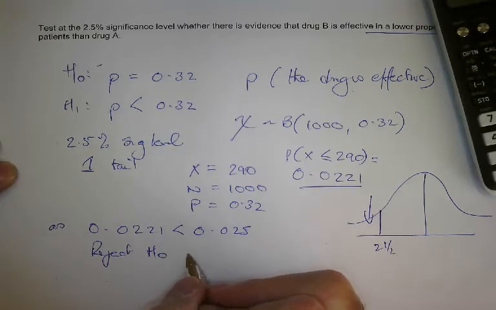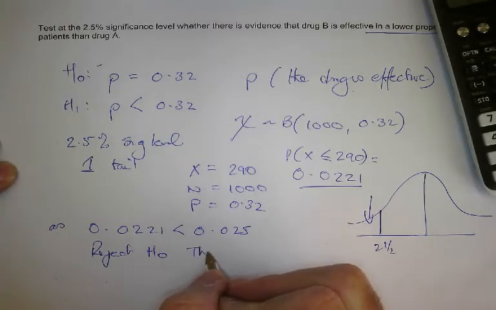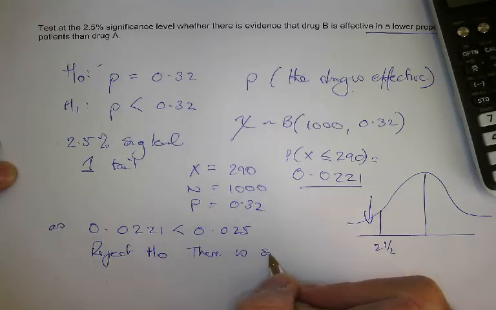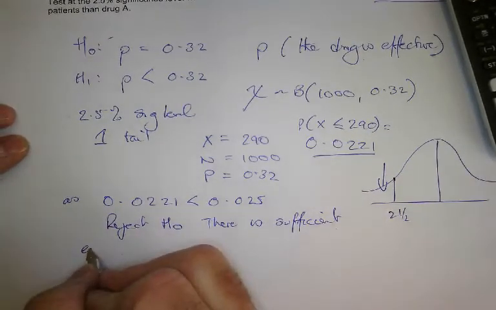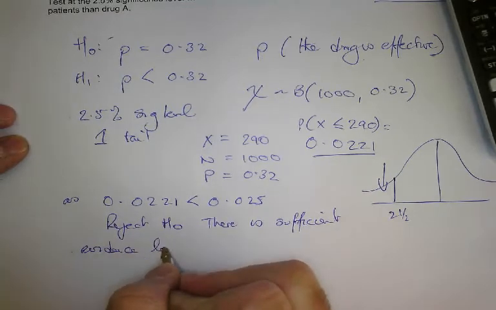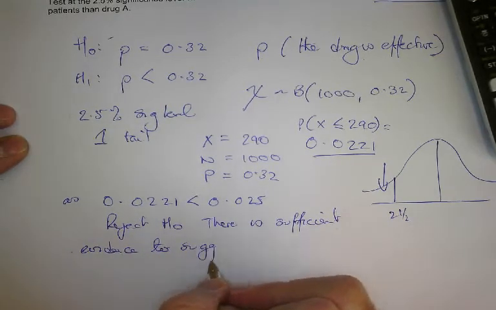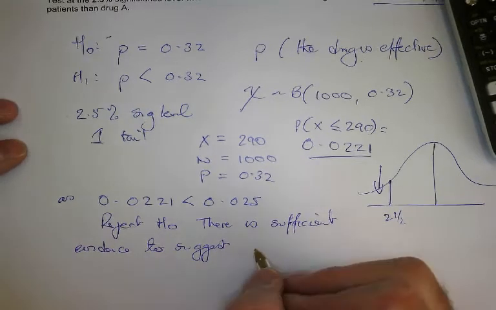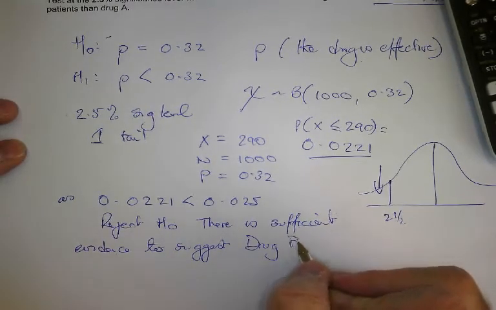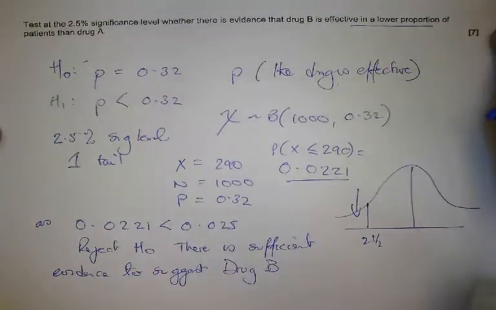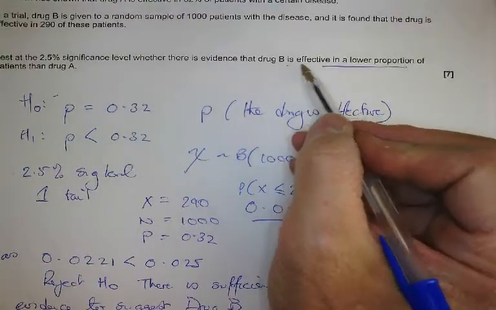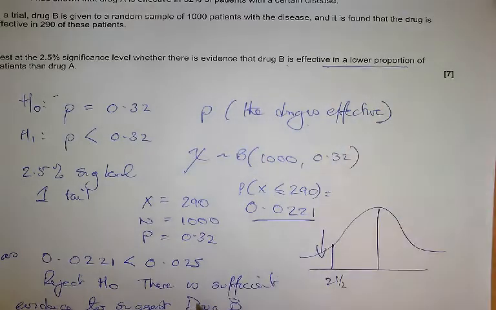Then you reject the hypothesis, and you say there is sufficient, and this is the common language you'll always use, evidence to suggest that drug B is effective in a lower proportion of patients than drug A. You're literally using the phrase that they put in the question.